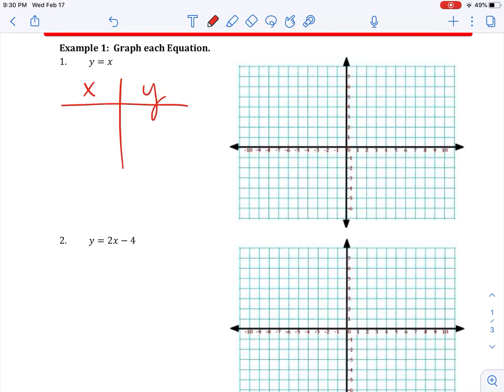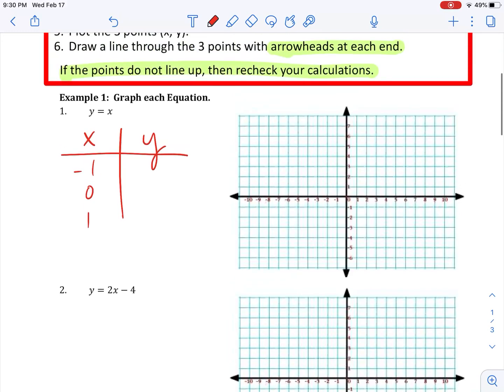So you can see over on the side there, you have what's called a 10 by 10 graph because it goes 10 in every direction. So you definitely don't want to pick something like a 20 for your x because it doesn't even fit on your graph. But I typically just pick a very small negative number like -1. I pick a 0, and then I pick a +1. And what our equation is saying here, it's saying that y is the same thing as x.